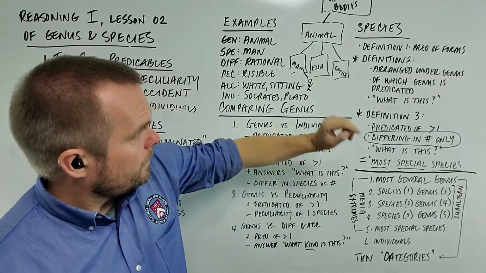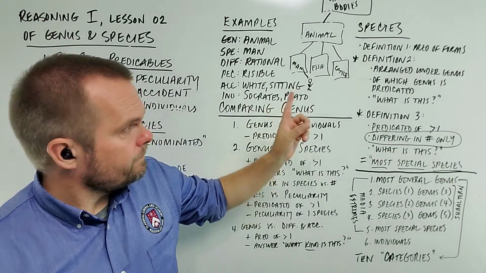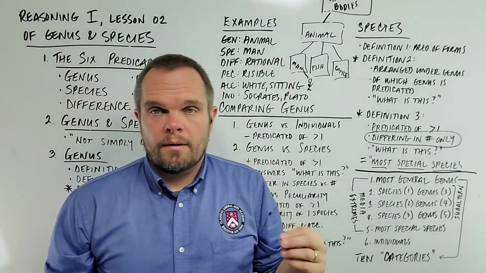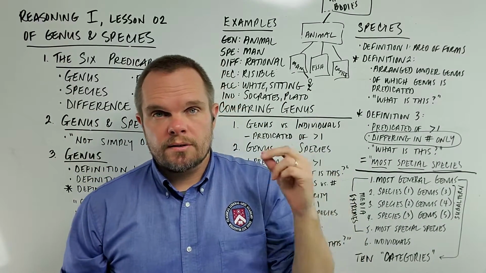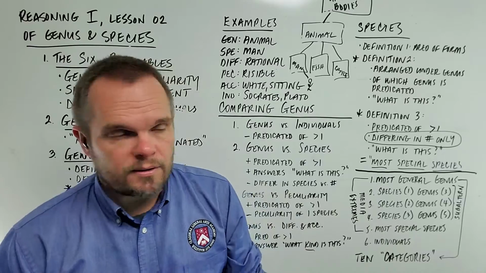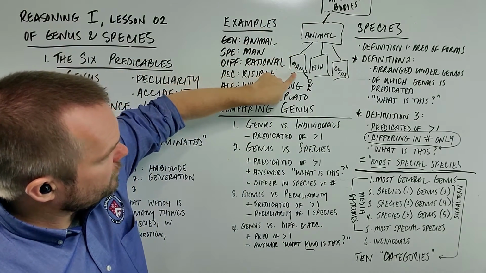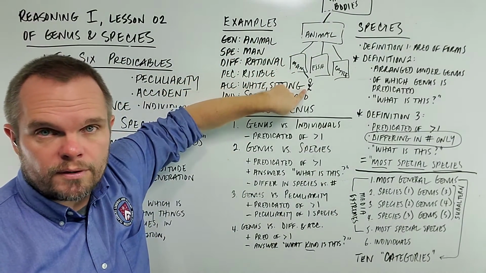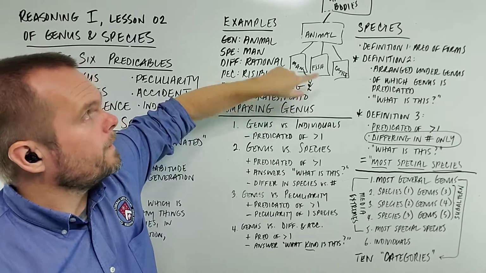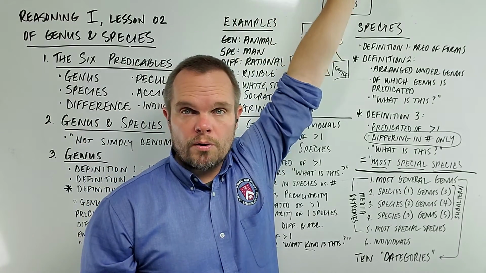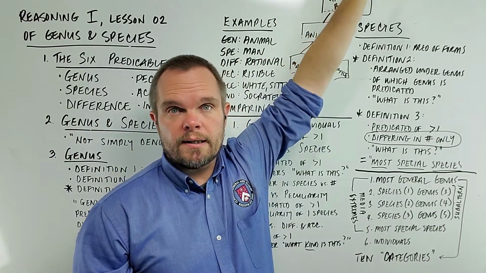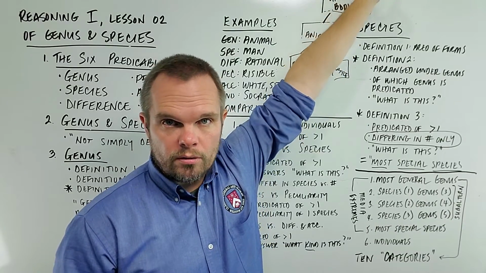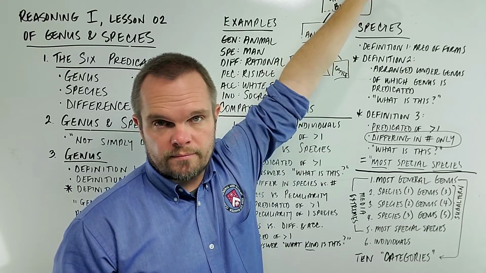Okay? Follow me here. Man is the most special species. It's the first species above individuals. Substance, all the way at the top of the tree, is the most general genus.